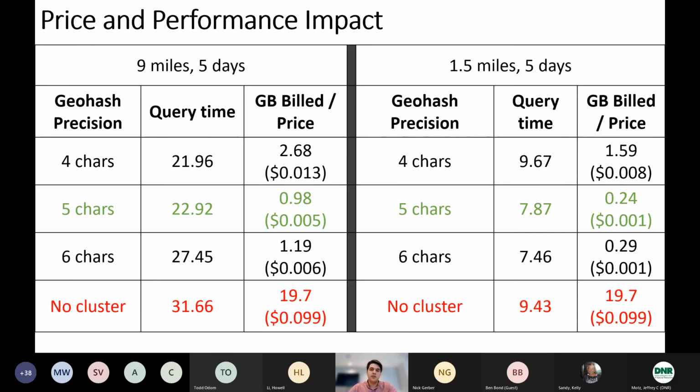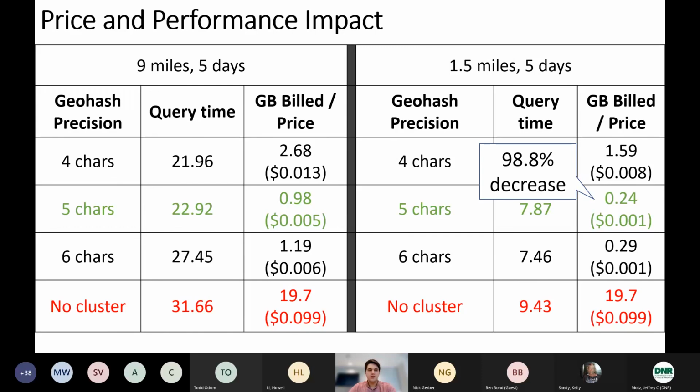So if all of your queries are very small areas, then it would make sense to go for a smaller area geohash, or a longer geohash. Whereas if you're searching really long routes or really wide geographic areas, it makes more sense to use larger geohashes.